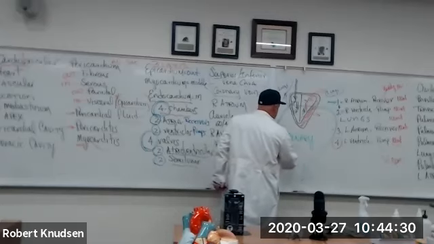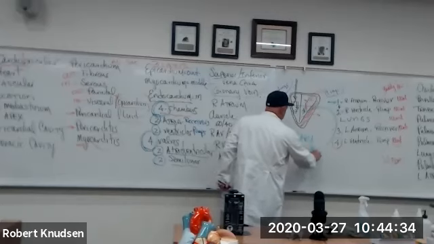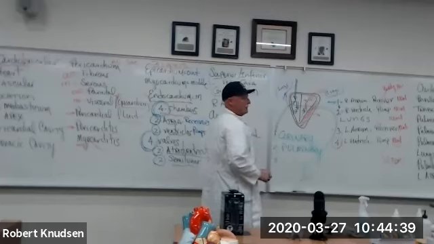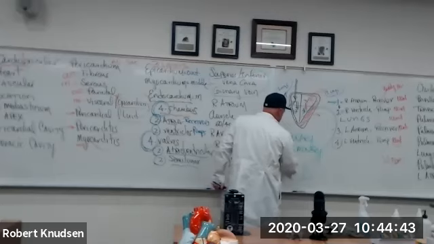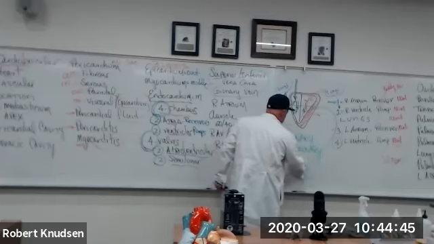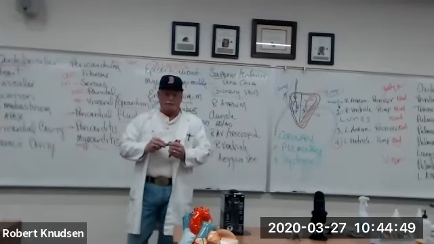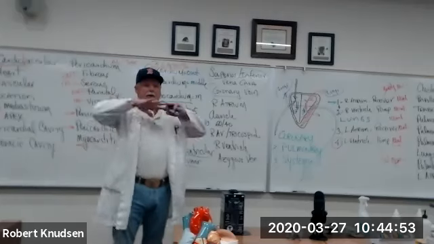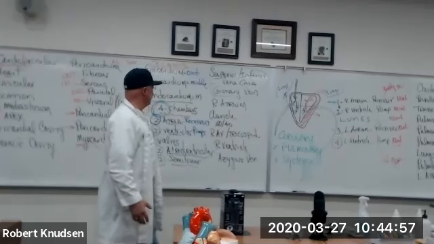It's called the pulmonary circuit. The third circuit goes to the body. We call it the systemic circuit. Three circuits: coronary, pulmonary, systemic. Are we good?